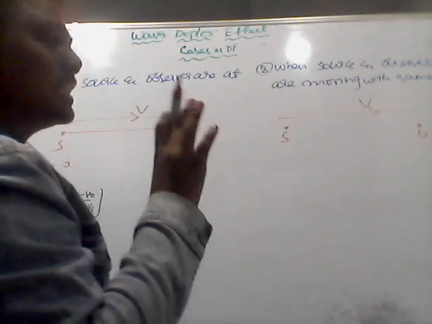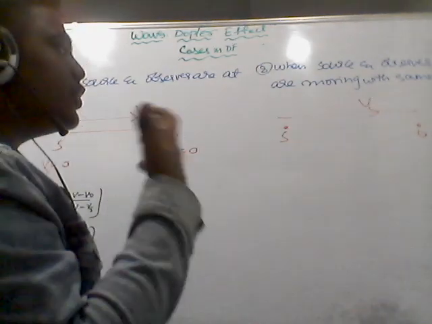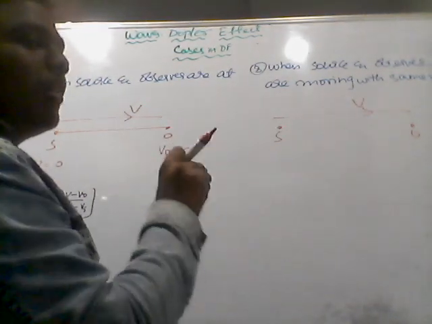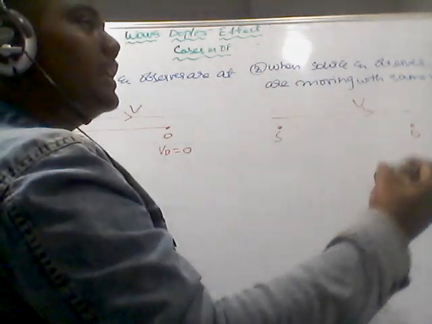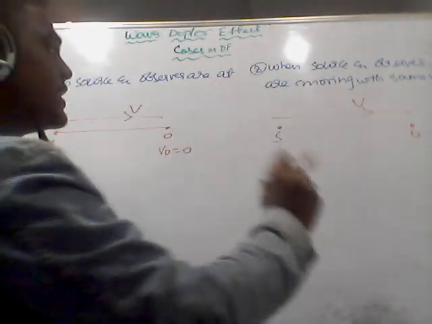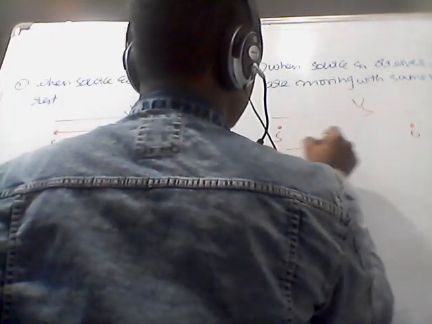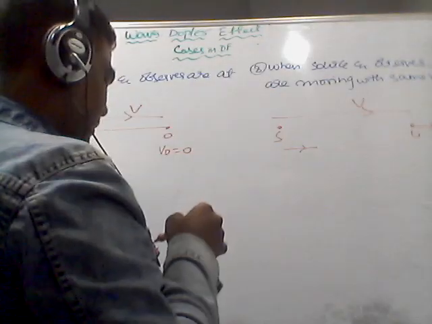This is the direction of v. Source and observer are moving in the same direction. Now here you need to get both as negative only. The formula should remain v minus v naught and v minus vs only. Means, shall I say this is moving in this direction, this is also moving in this direction, correct? Then only the formula remains the same.